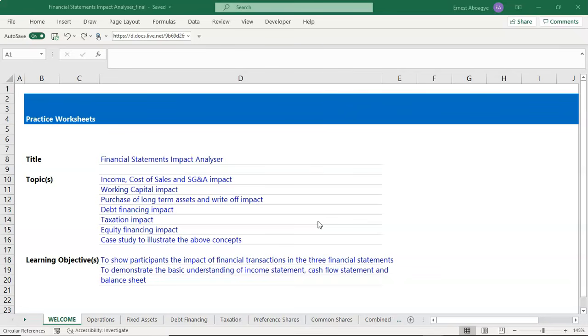Because as modelers, we need to understand the basics of these things, because everything we are going to model is going to rest on the three financial statements. That is the income statement, the cash flow statement, and the balance sheet.